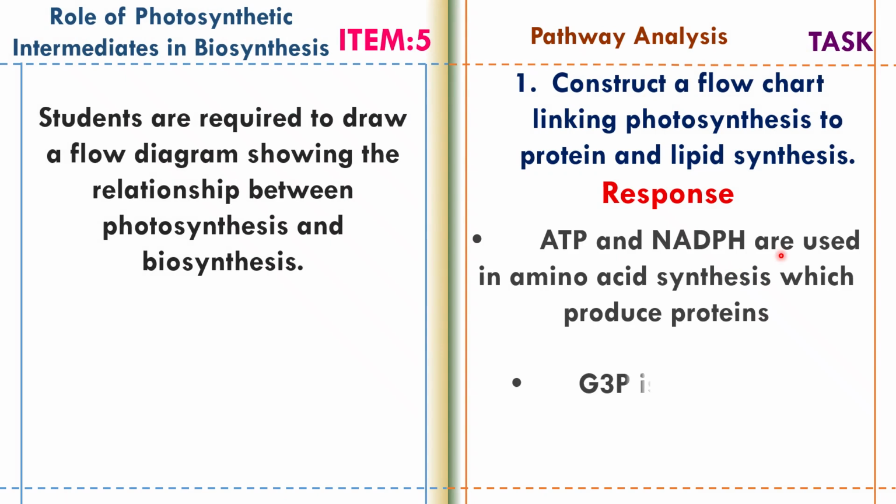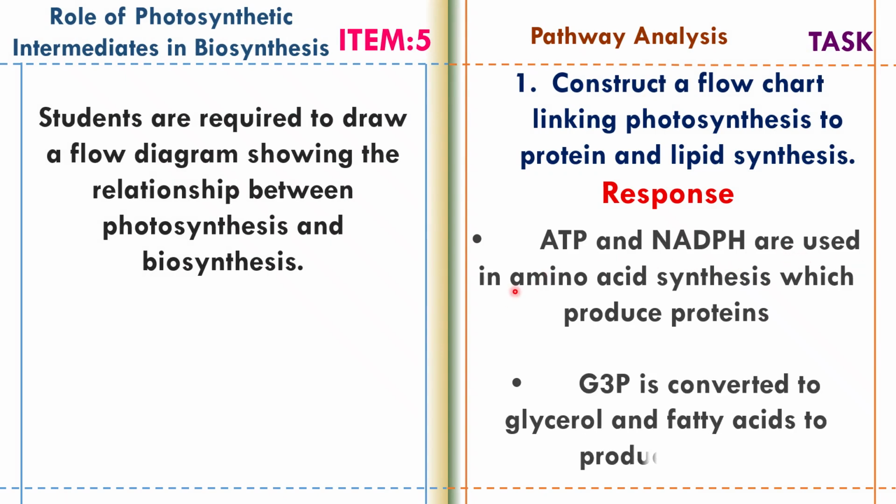ATP and NADPH are used in amino acid synthesis, which produces protein. G3P is converted to glycerol and fatty acids to produce lipids.